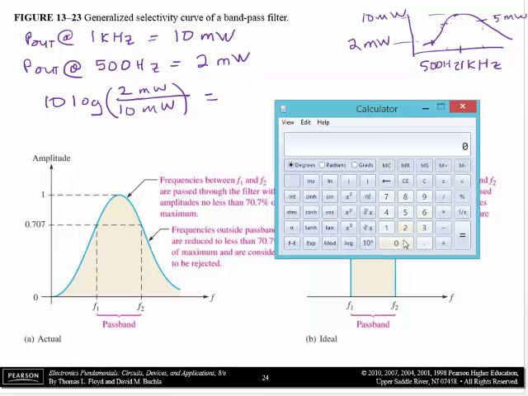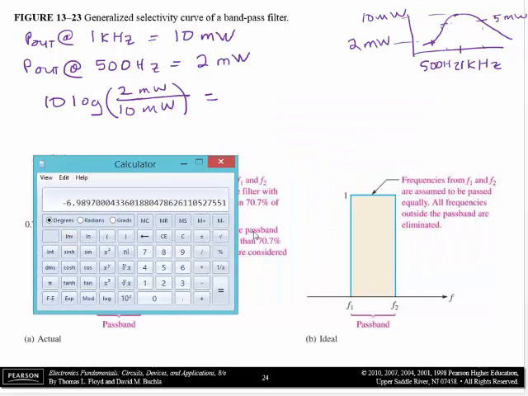You'll need it in scientific mode. So 2 divided by 10 equals 0.2, and I want to take the log of it. There's my log key. And the definition is 10 times log of it. So times 10 equals, and it says I'm 6.9 dBs down from the maximum.